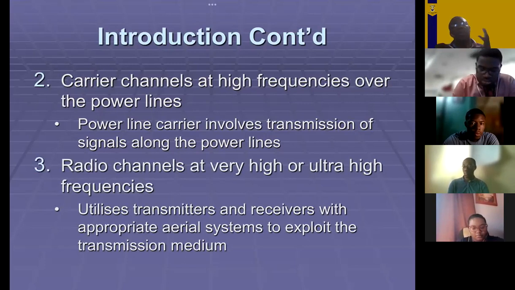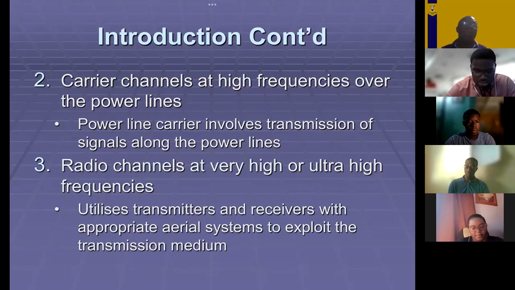So if you're protecting a line between two substations, you have to ensure that the antenna from one substation is looking directly at the other antenna at the receiving substation. All right. So obviously you're going to be limited in terms of the use of radio channels or microwave. You're going to be limited by terrain.